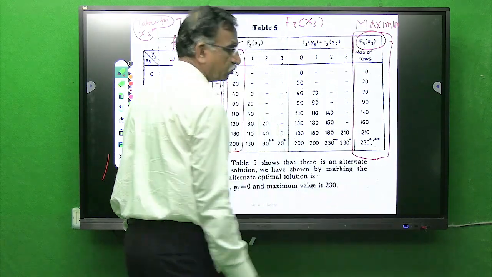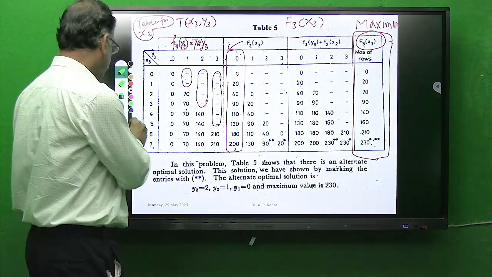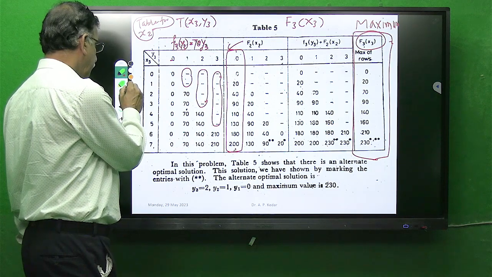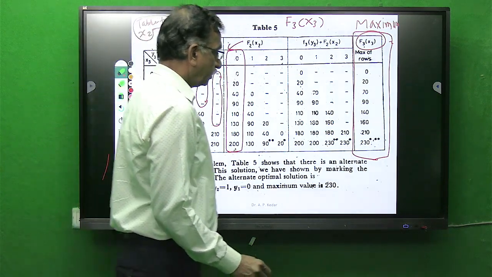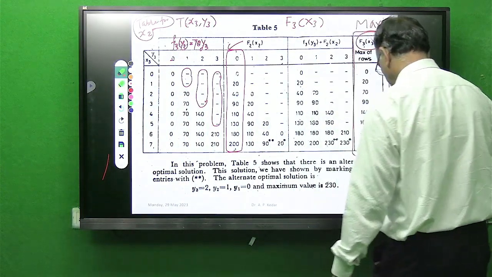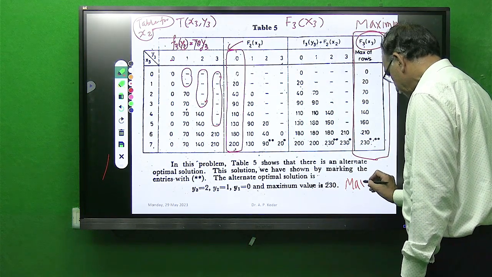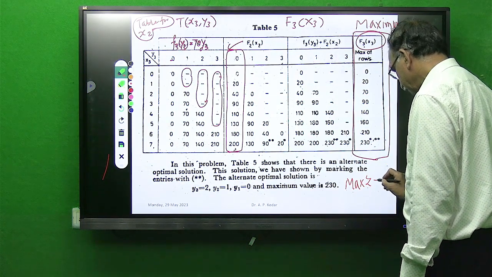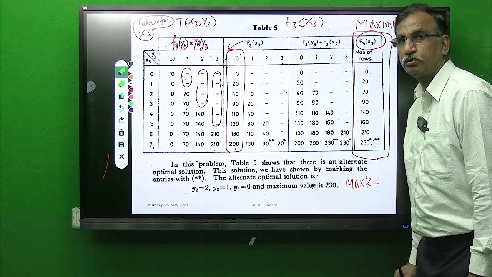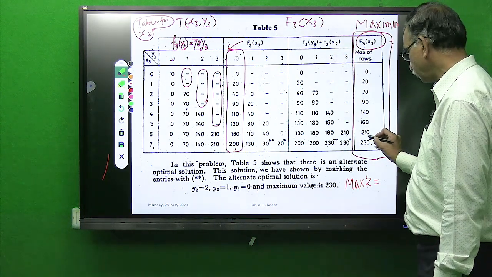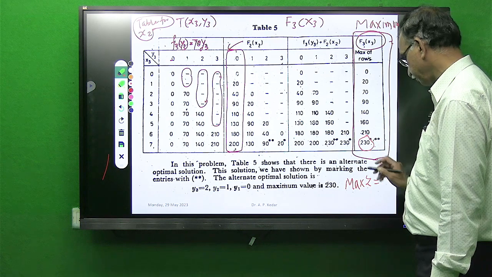How to trace your answer, that I am going to explain. See here, you were interested in the answer of maximize z, and you got that value, and it is 230.